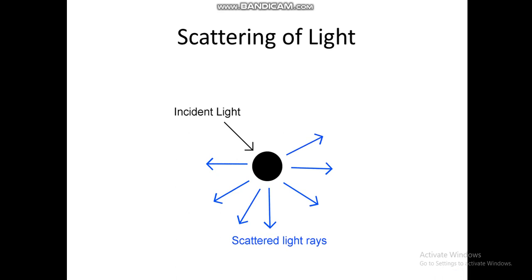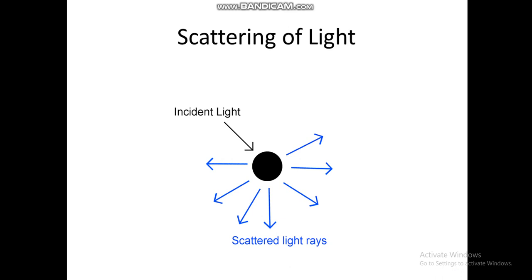Scattering of light means the particles that are present in the air or anywhere, maybe present in the water, maybe present in any substance. The particle means any particle. When a light ray travels and hits the particles, the light ray is scattered in different directions.